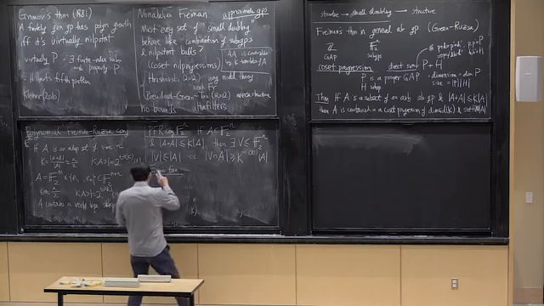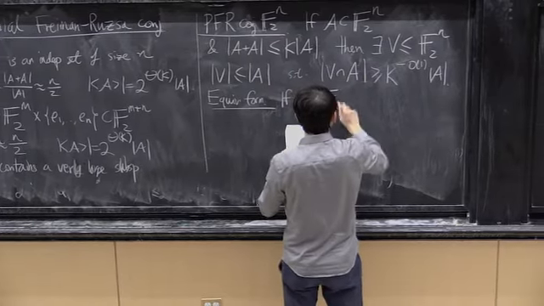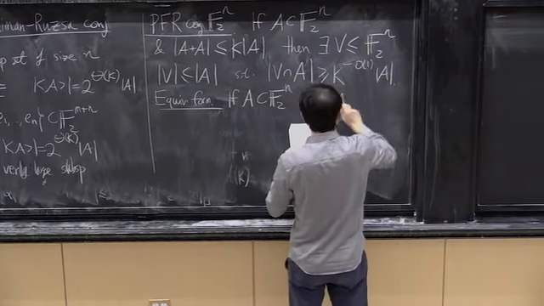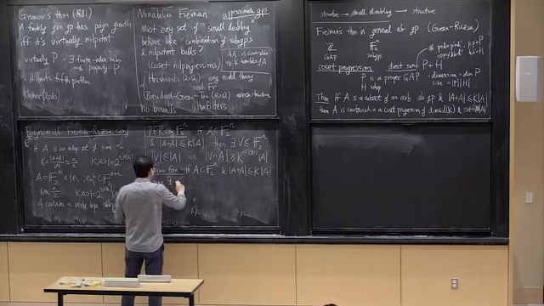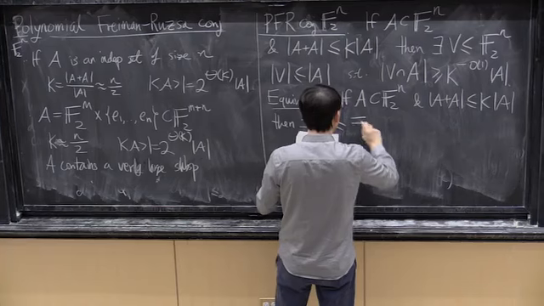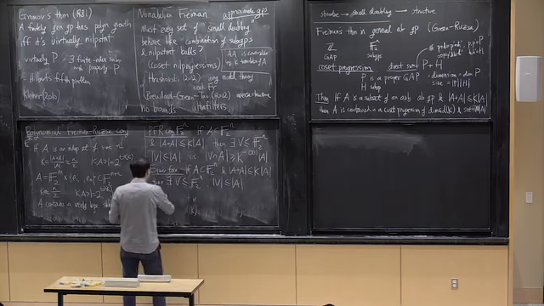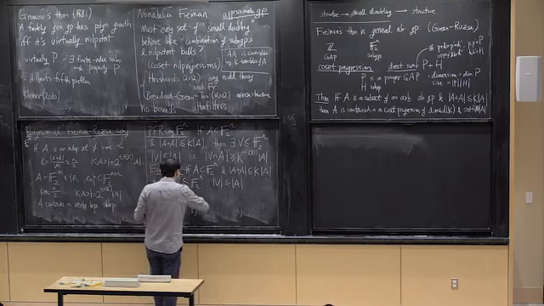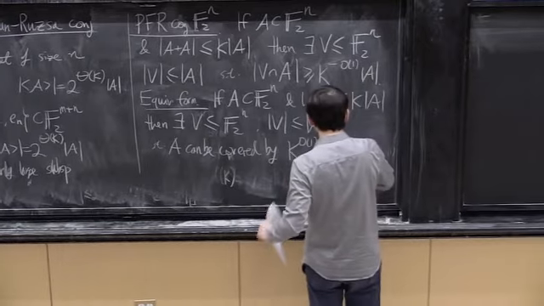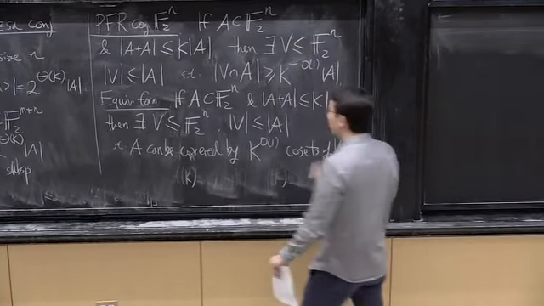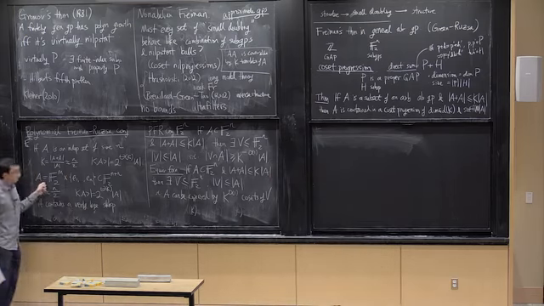Indeed, this formulation is equivalent to the following: if A is in F_2^n and the size of A plus A is at most K times the size of A, then there exists some subspace V with the size of V no larger than the size of A, such that A can be covered by polynomial in K many cosets of V. We see that here.